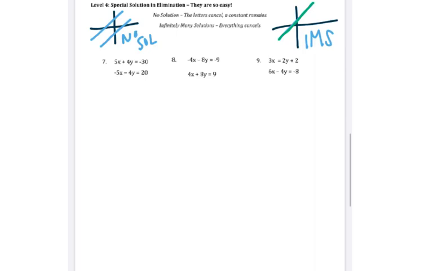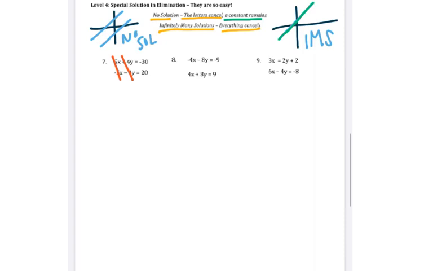So how it works is no solution happens when the letters cancel, but a number, a constant, remains. Infinitely many solutions happens when everything cancels. So if we look at this first example, 5x minus 5x, no x's. Combine like terms, 4y's minus 4y's, no y's.